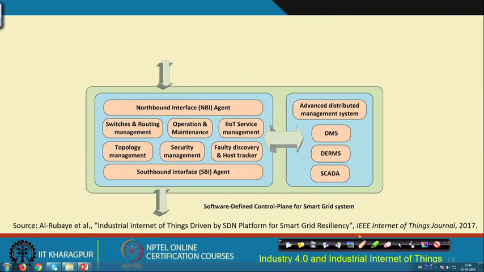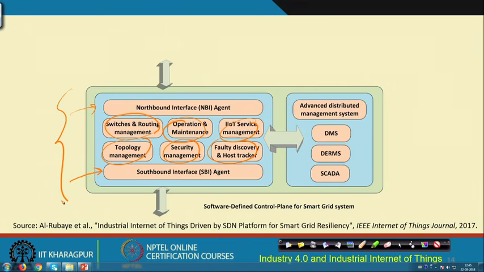So, you are going to have all of these different components including your southbound API, northbound API, and intermediate components such as switches and routers, operations and maintenance, service management, fault discovery, tracking, fault tolerance in general, security issues, topology management, and so on. So, all of these basically are taken care of in this particular layer, the control layer.